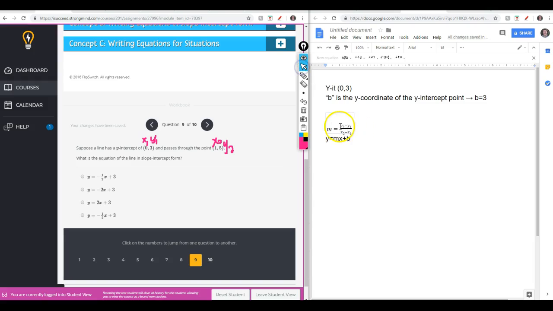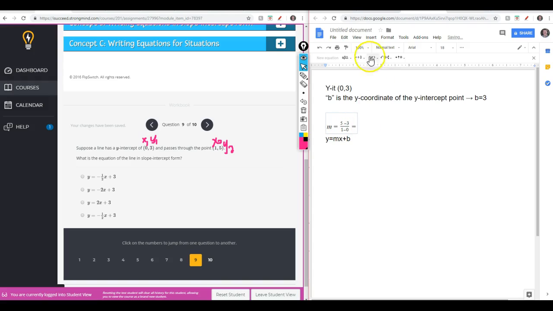So our second y coordinate is 5, so I replace that with a 5. Our first y coordinate is 3, so I replace y sub 1 with a 3. Our second x coordinate is a 1, so I replace this with a 1. And our first x coordinate is a 0, so then I replace that with a 0 and I simplify.